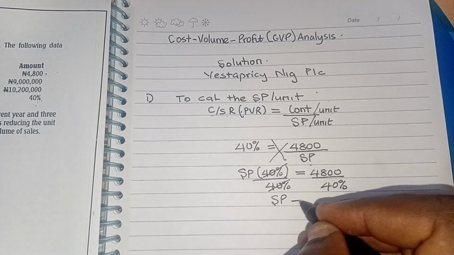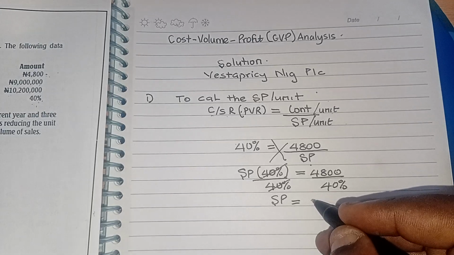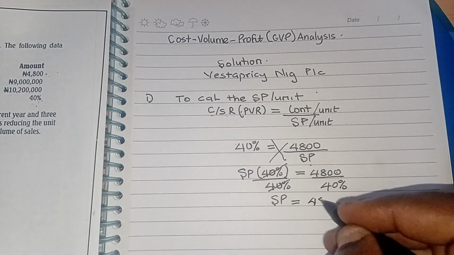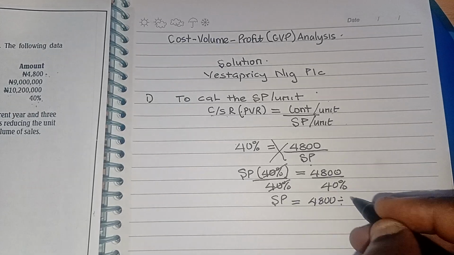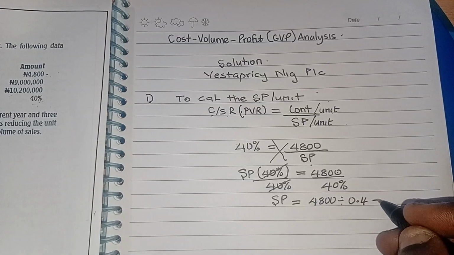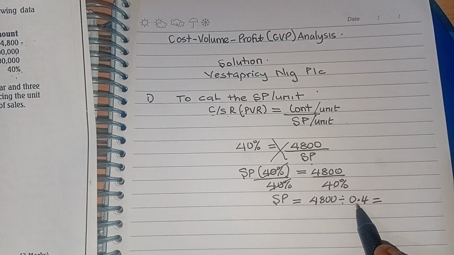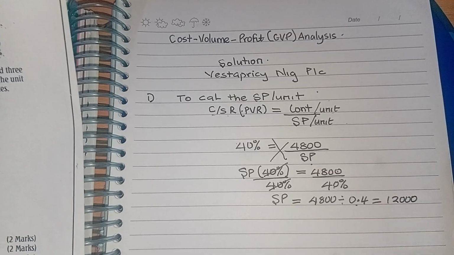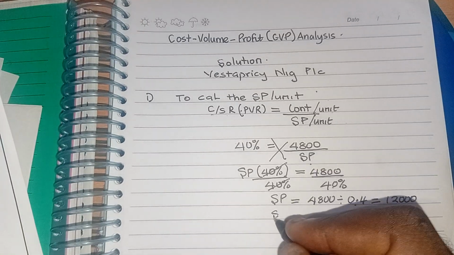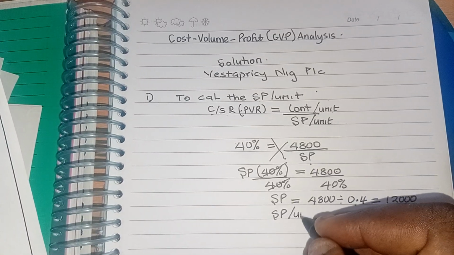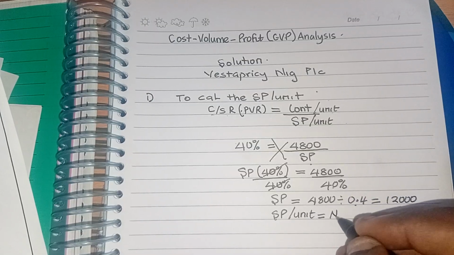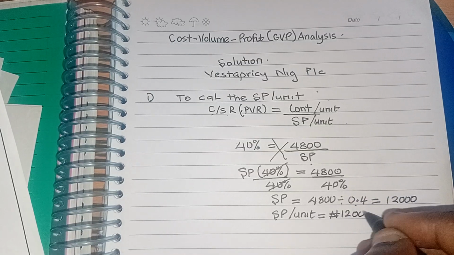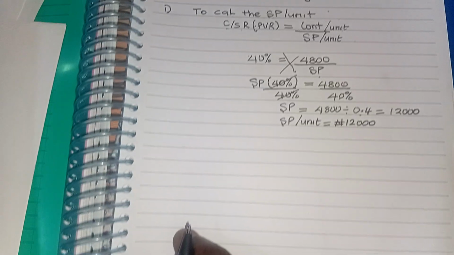Our selling price is the contribution divided by 0.4. And 40% is the same thing as 0.4. And this will give you 12,000. Therefore, our selling price per unit is 12,000 naira. All right, class.